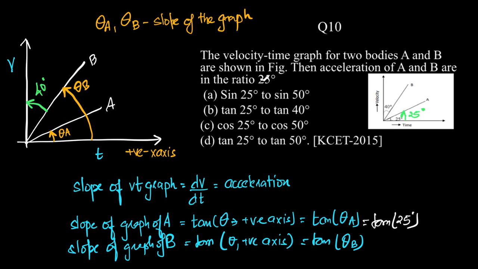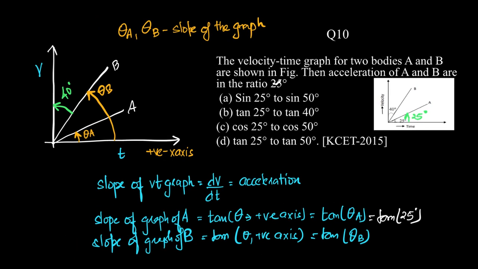If you reduce the diagram, this is the graph for B, and this much angle is 40 degrees. So this is the required angle that we want. The complete angle is 90 degrees, which means this angle is 50 degrees. Therefore theta B is equal to 50 degrees, in which case this becomes tan 50 degrees.